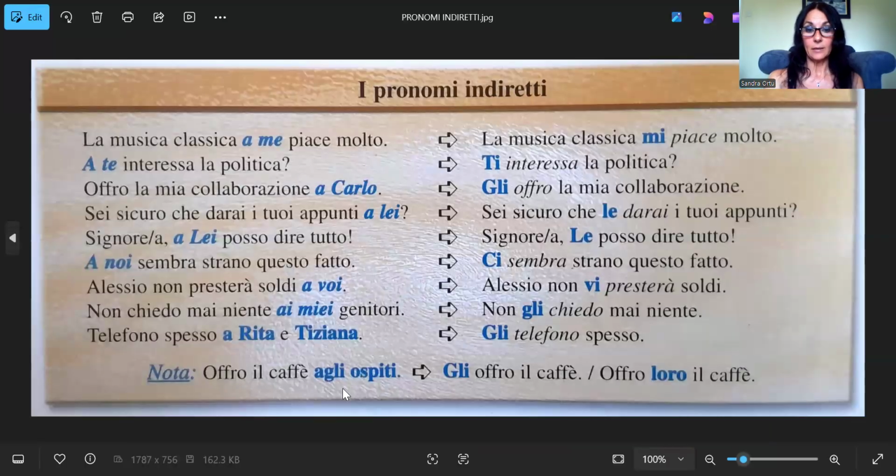And now let's see some examples, just to see these pronouns in different contexts, different sentences. And again, I am using another one of my books with very useful tables. On the left, they're giving us an example with the strong form, forma tonica. And on the right, we have almost the same sentences, but with the weak form, forma atona.